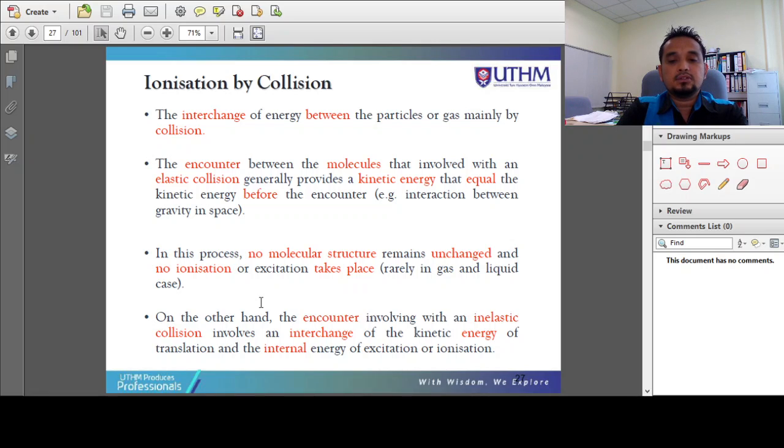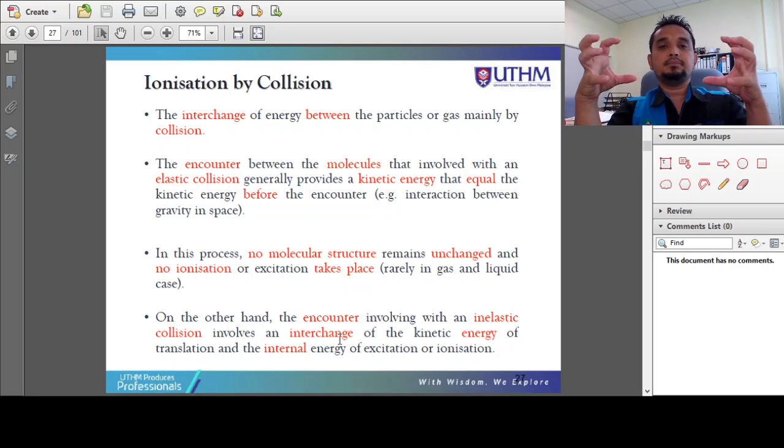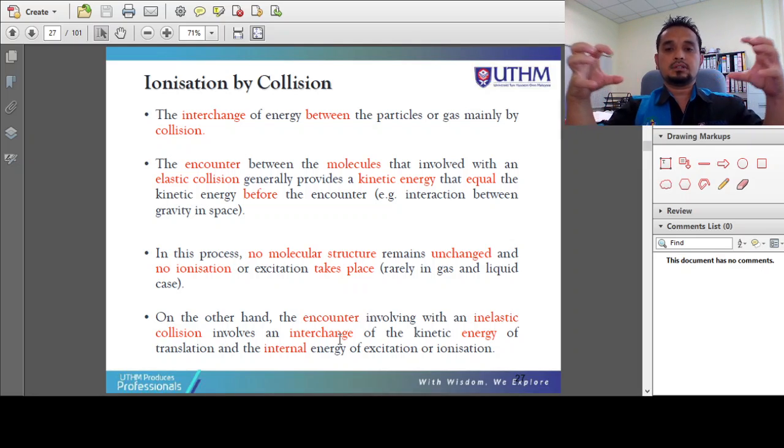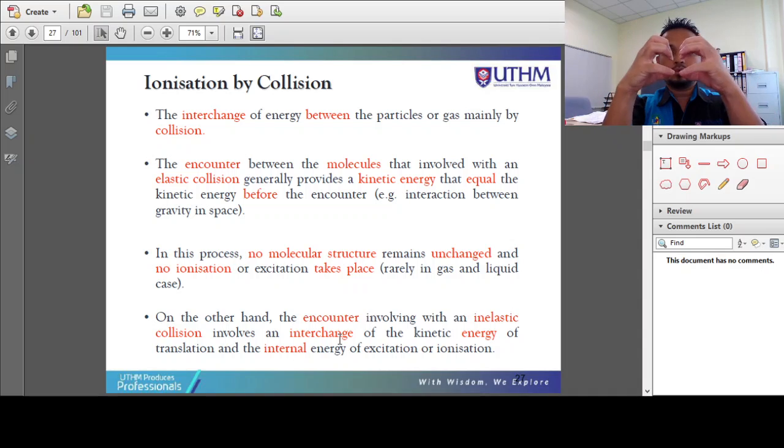Okay, that is related to elastic and inelastic collisions. Sometimes there will be an inelastic collision in which two particles collide with each other, and they are not bouncing off as kinetic energy, they stick together.